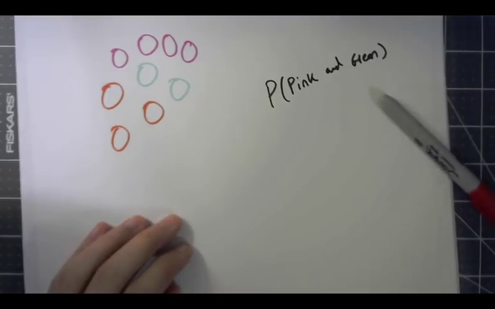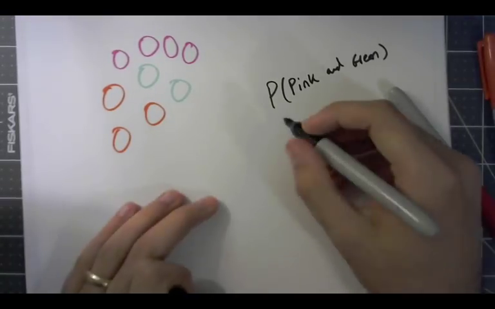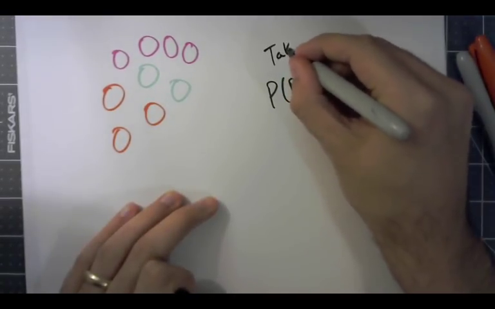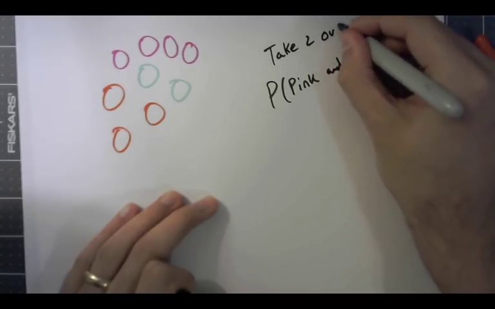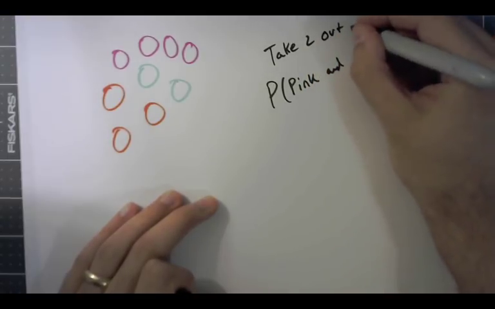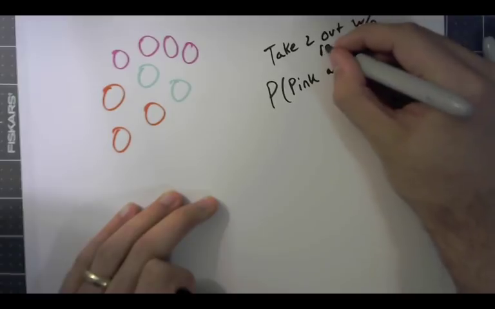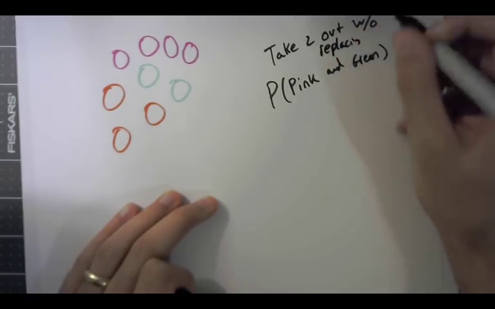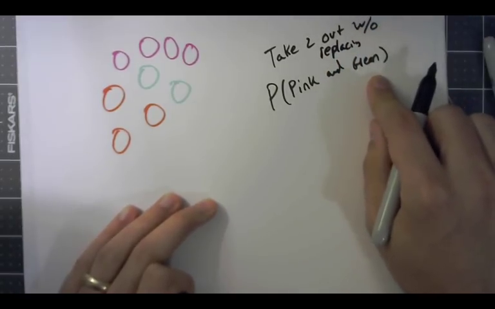Let's say I take 2 of them out without replacing. What's the probability I get a pink and a green one?